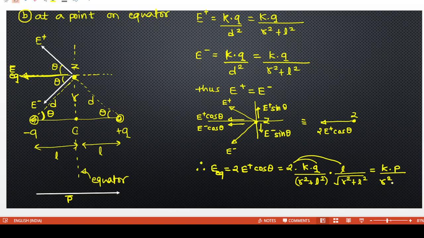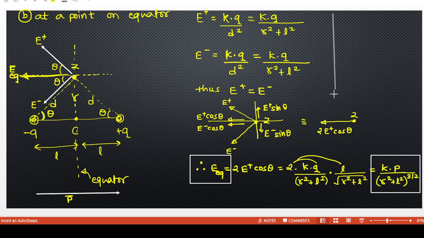So this will be r square plus l square bracket raised to 3 by 2. This is the formula for electric field at a point on the equator.